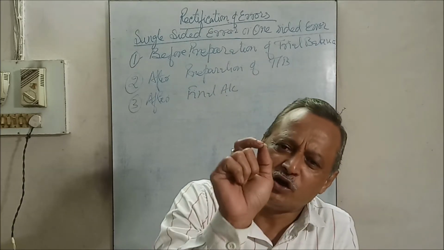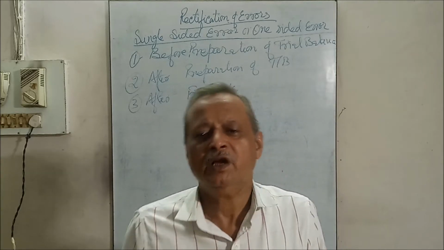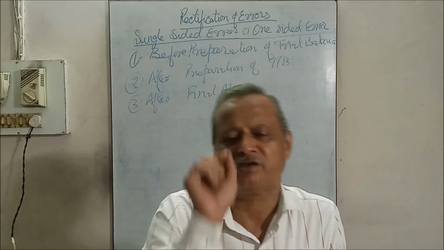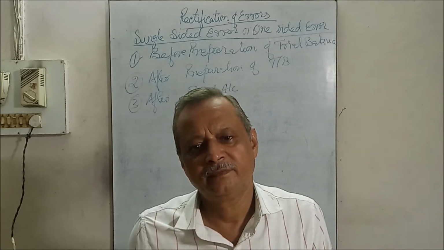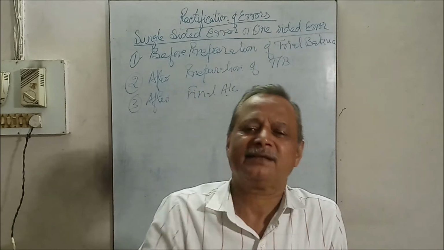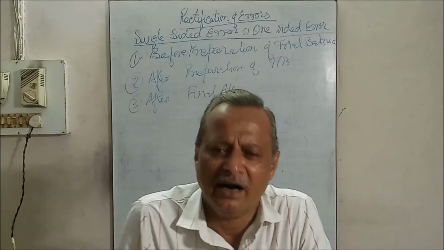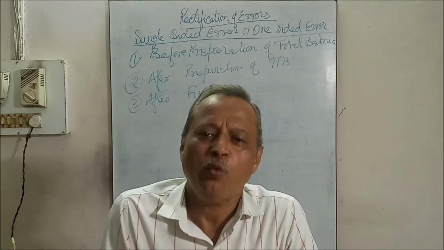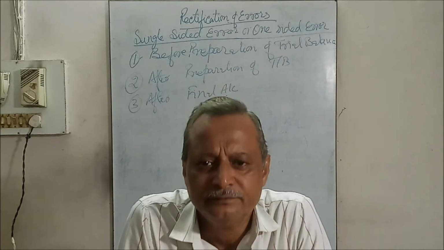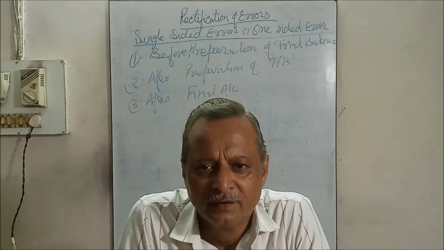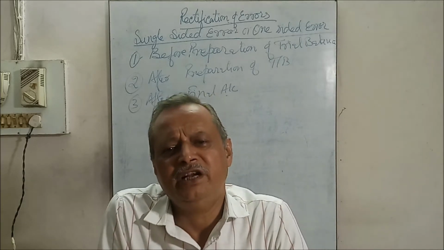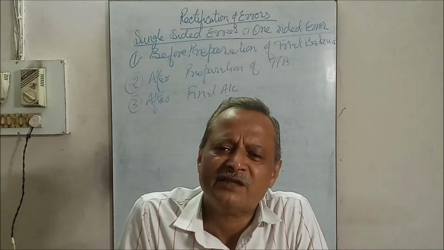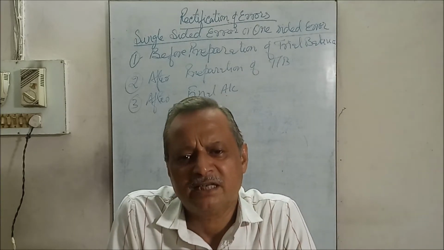So the suspense account is opened in order to make the trial balance agree or tally, and also when the businessman is in a hurry and wants to close the books of account, in order to avoid delay in preparation of the final accounts, the difference is put in the suspense account.